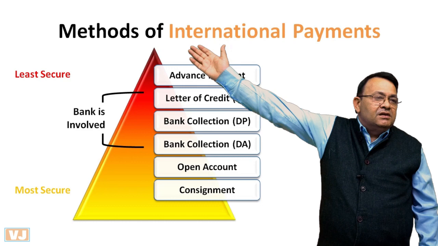If you understand the procedure and the flow of the goods, the flow of the documents and the payment in letter of credit, all other methods will be crystal clear. So just by explaining how letter of credit works, you will understand the complete gamut of the different international payment methods that are used internationally.